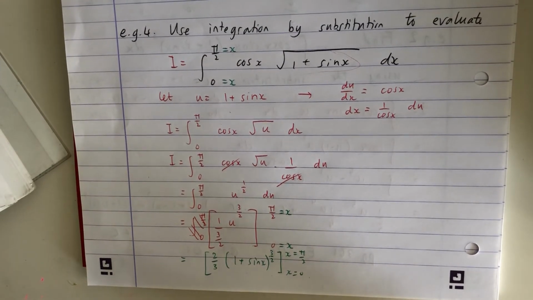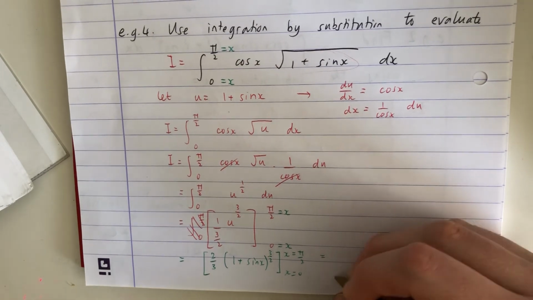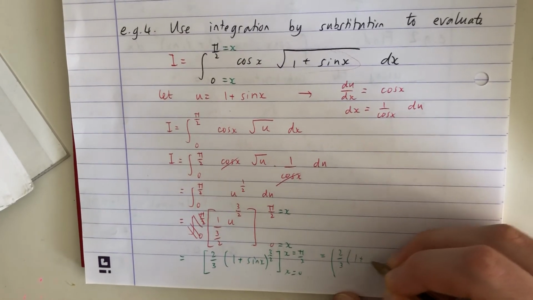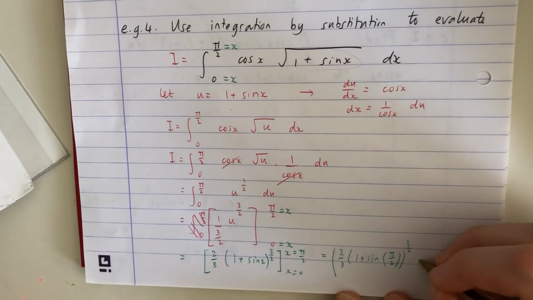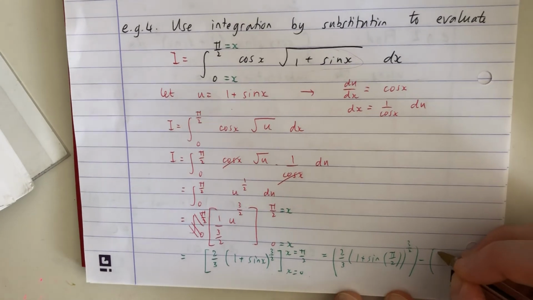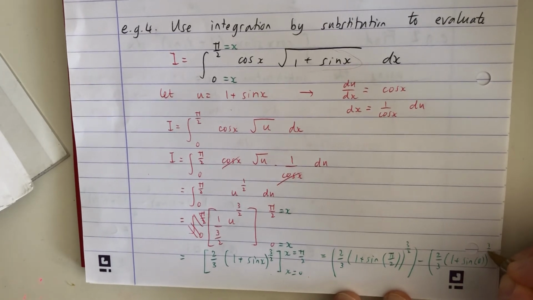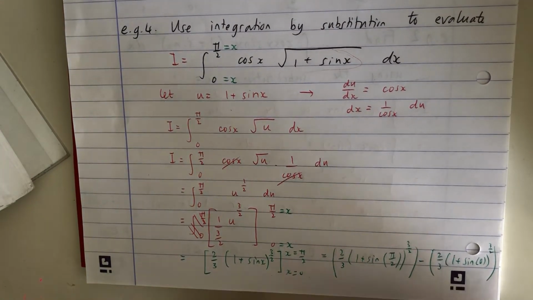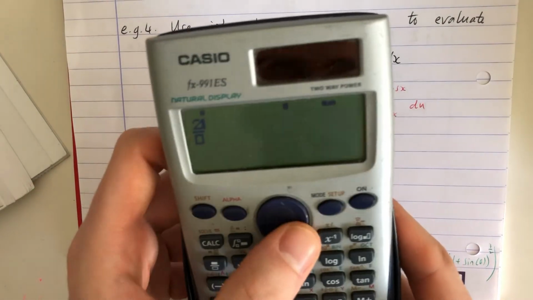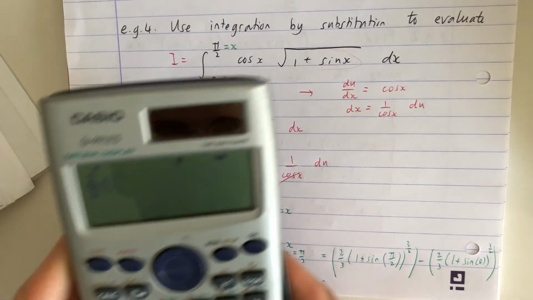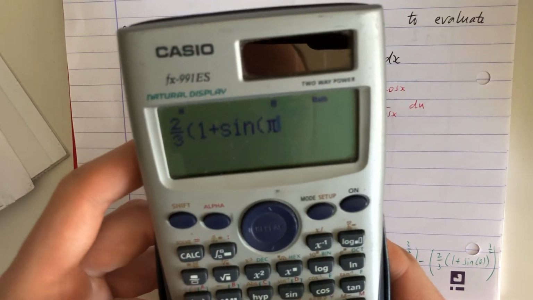And now I can actually do the substitution of the limits. So if you remember how to do this, it is 2/3, 1 plus sine pi by 2 to the power of 3 over 2, subtract 2/3, 1 plus sine 0 to the power of 3 over 2, and then type that into your calculator. So 2/3 brackets 1 plus sine pi divided by 2.